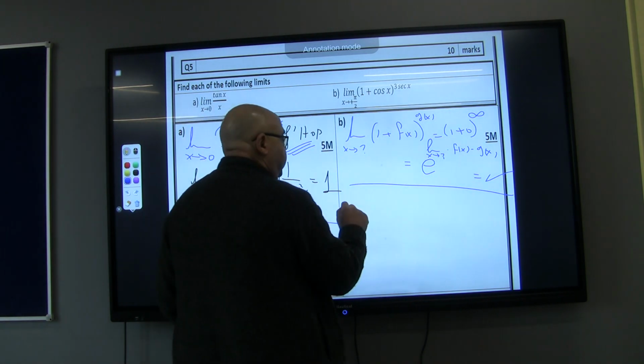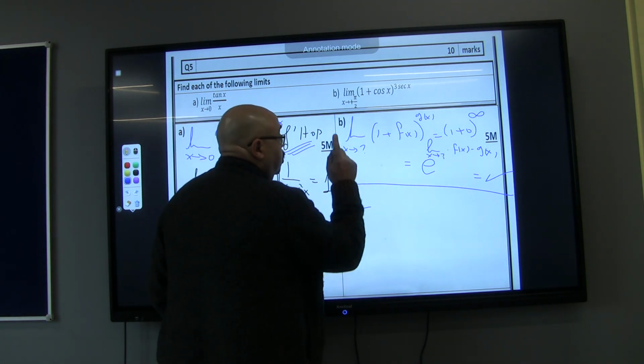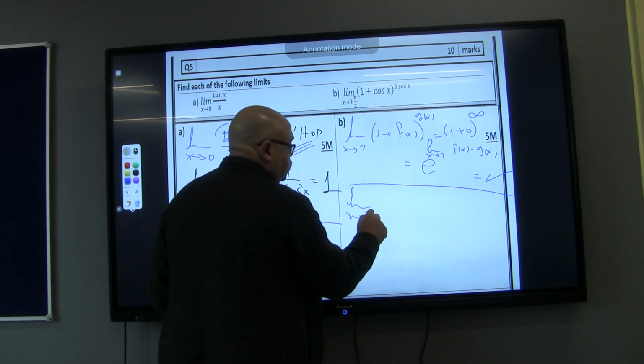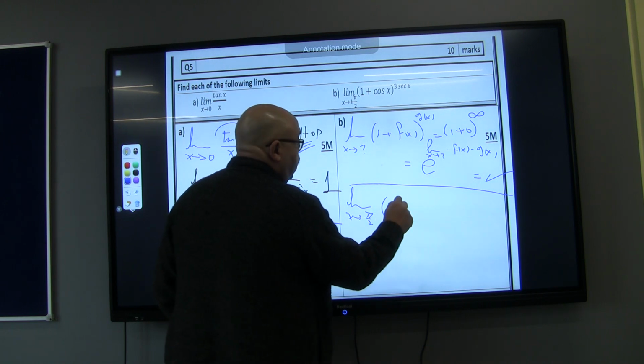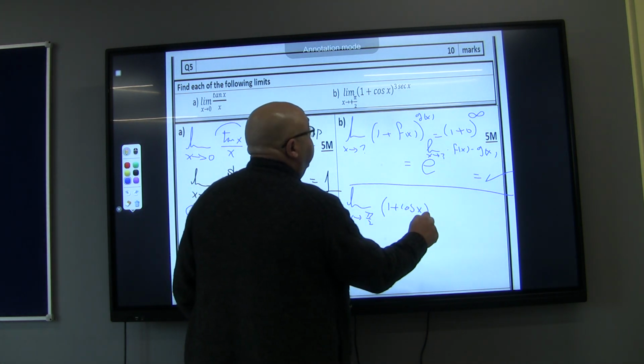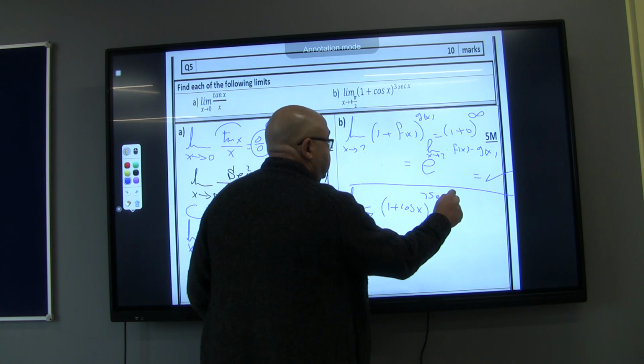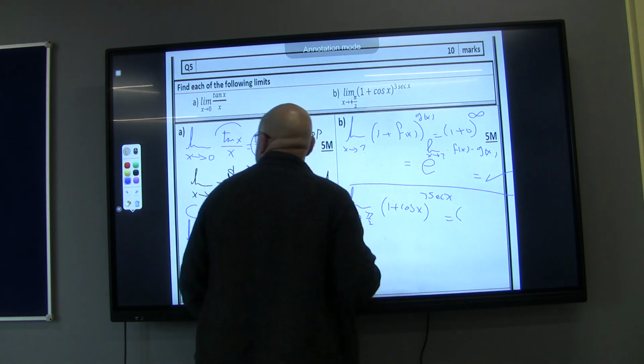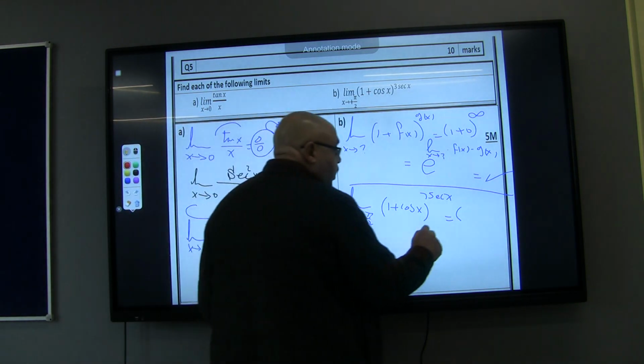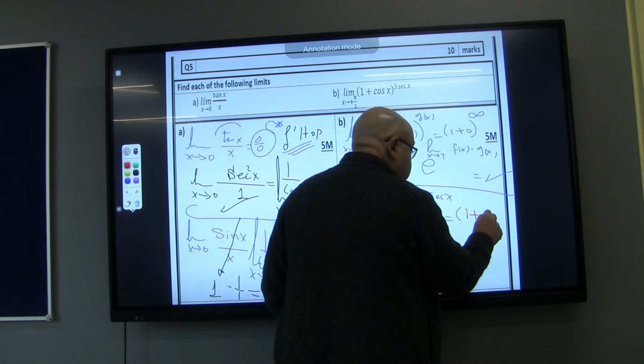Here, in a similar manner, it's going to be the limit as x tends to pi over 2 of (1 plus cosine of x) to the power of 3 sec of x. Once you start substituting, you will have 1 plus 0 to the power of infinity.